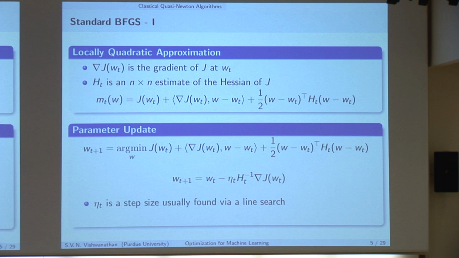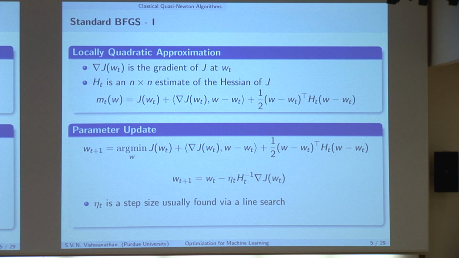So how are you going to even optimize it? This is the reason why a quasi-Newton method sort of cheats, and it says, instead of actually using the true Hessian, I am going to approximate the Hessian. And this H_t is basically the approximation to the Hessian.